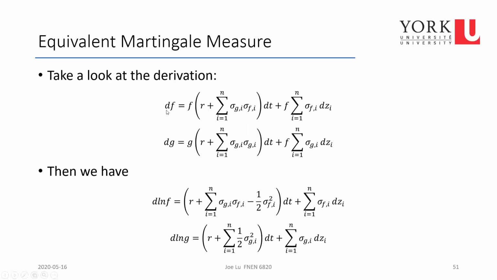So if you look at a multi-factor process, that process will have factor Zi, and so your variance here is really the sum of all those sigma fi times dZi.